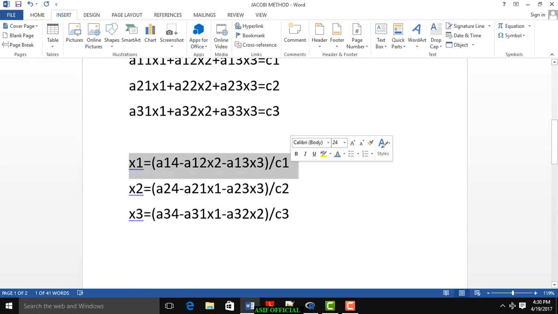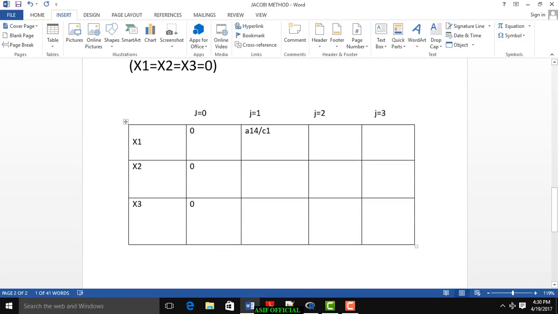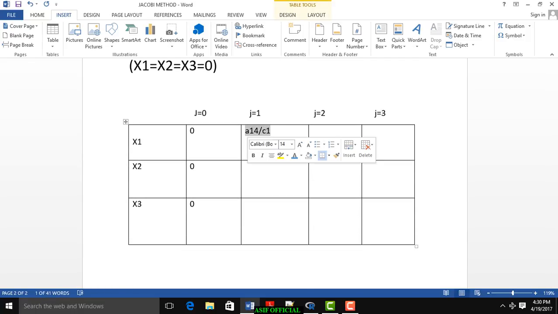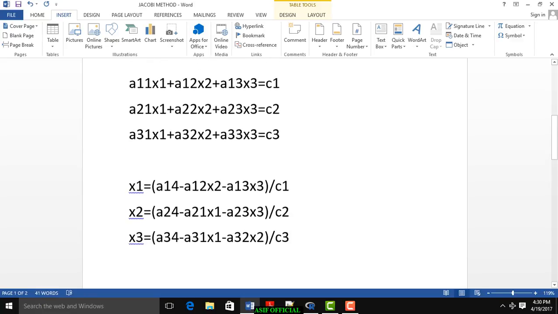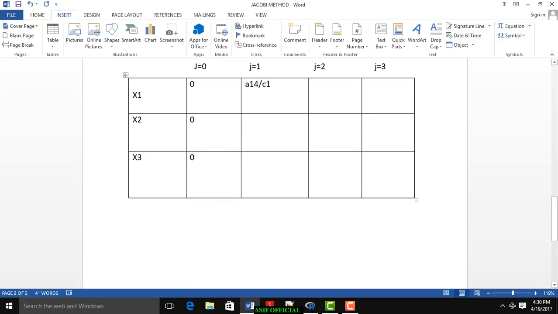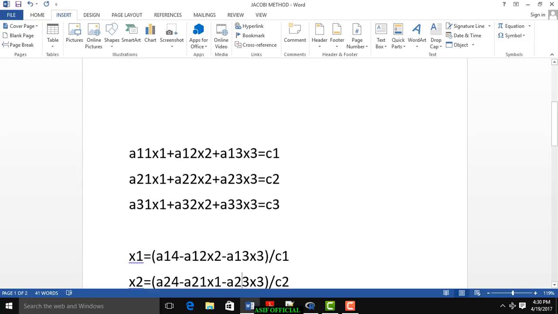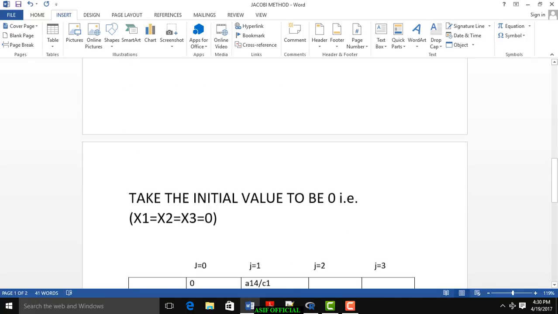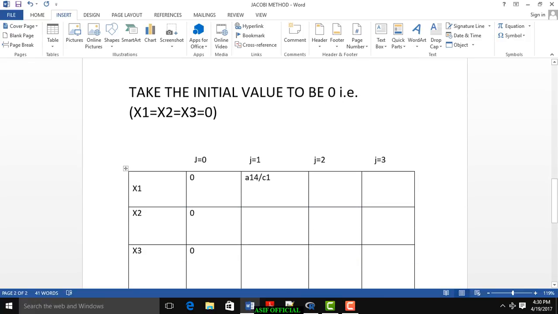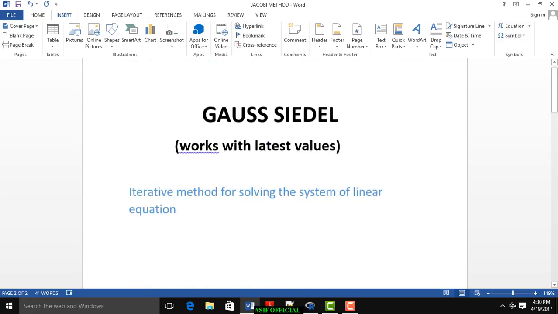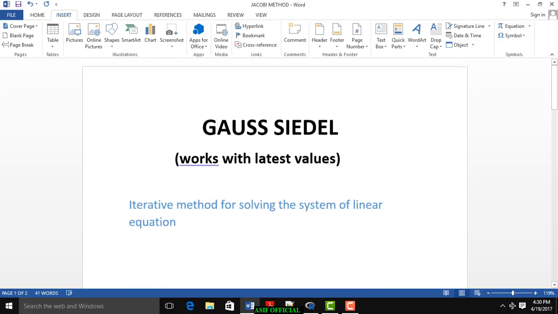When we try to find the value of x2, we already have the latest value of x1, a14 divided by c1, and the previous value of x3, which is 0. Similarly, by putting the values of x1 and x2 we can find the value of x3. Here we are using the latest values, and the method is known as the Gauss-Seidel method. It works with the latest values.